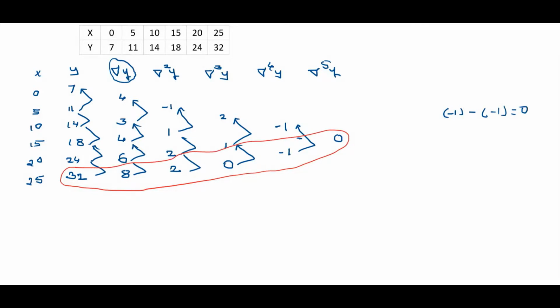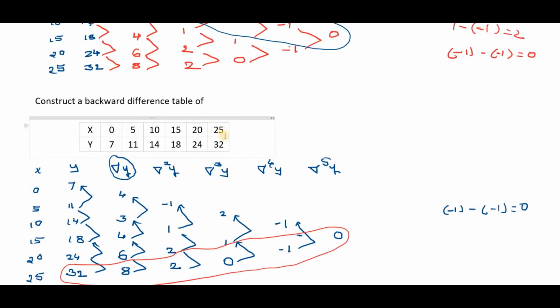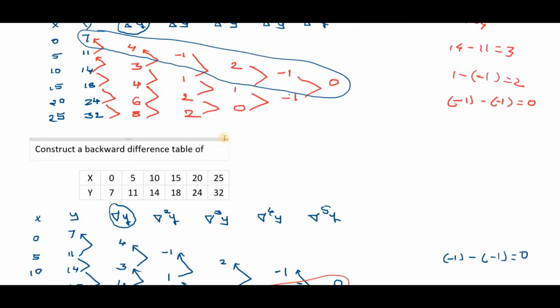The last line, that is 32, 8, 2, 0, minus 1 and 0, they are called the leading backward values. And in case of the forward difference table, these values 7, 4, -1, 2, -1 and 0 are called the leading forward values.